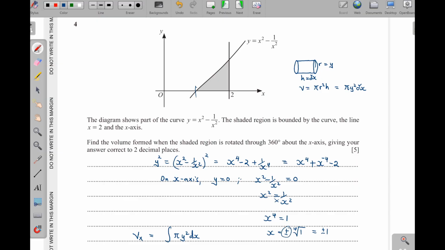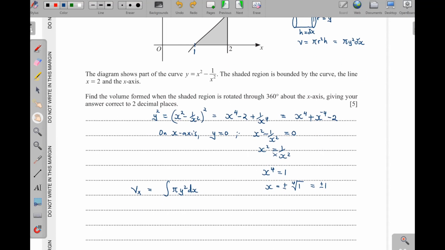I'm putting plus or minus because this is an even power. So when I put a negative here and I put power 4, I will get a 1, and negative 1 also to the power 4, I will get a 1. So that's why we have plus or minus. Then after that, this simply implies that this one here has to be a 1. I will take the positive from here. Then we come back to this one here.